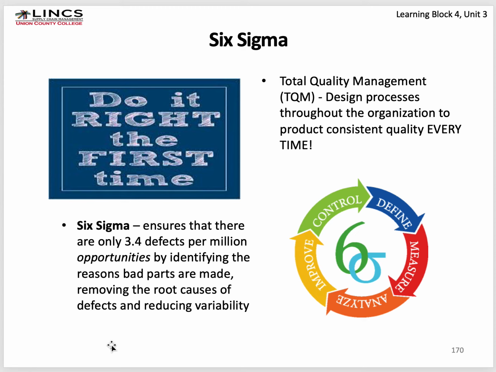So you have total quality management, designing processes throughout the organization to have consistent quality all the time. The aim of total quality is not to let defects get to customers. First of all, don't design the possibility of defects into a design.